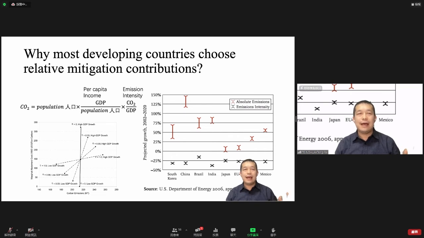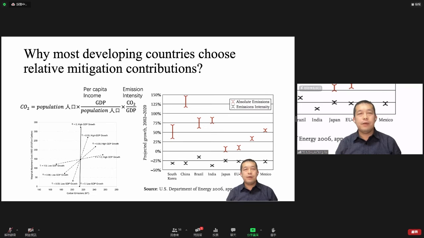We show this in the left figure, that is to say, if a developing country commits to an absolute term of emission reductions, and then if they have a high GDP growth rate, then the expectation is they will suffer from a much higher carbon price or cost.